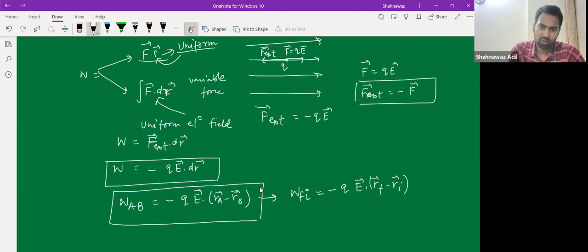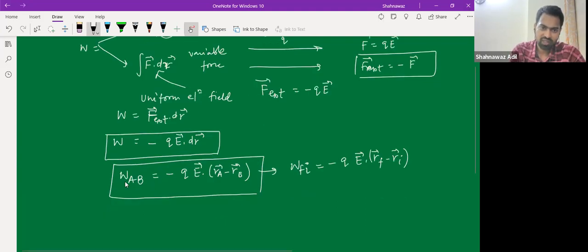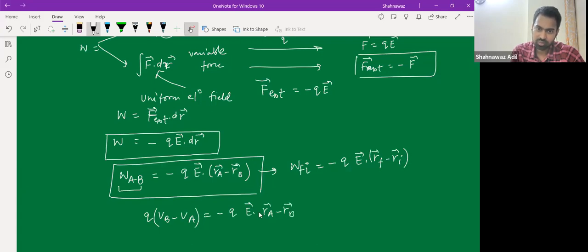Yes, sir. So you guys already know that this is VB minus VA, so this is Q times VB minus VA. So this would be minus QE dot RA minus RB, right? So Q cancels, and VB minus VA would be simply minus of E dot RA minus RB.